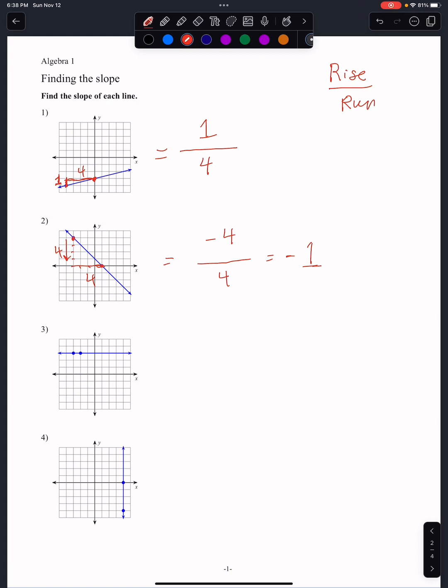Okay? The next one is, did I go up or down? I have no rise. I didn't go up or down, but I do have a run of 1. Okay. What do you guys notice about this line? This line right here is horizontal.